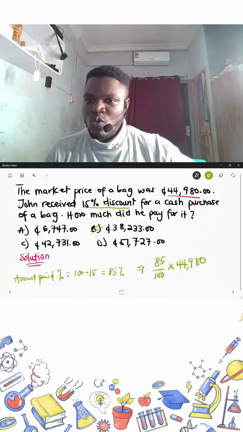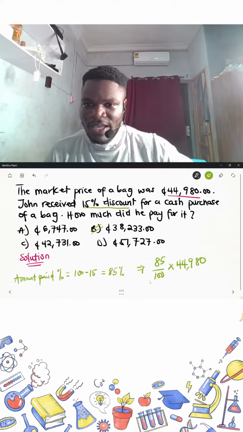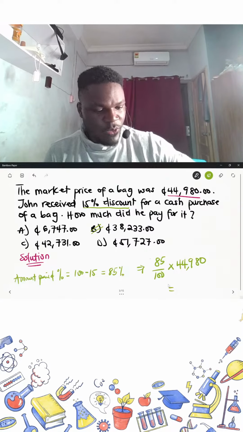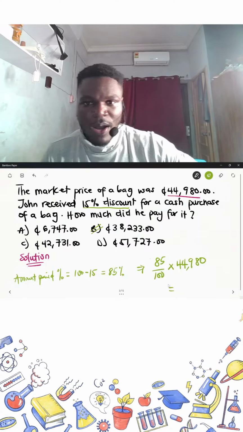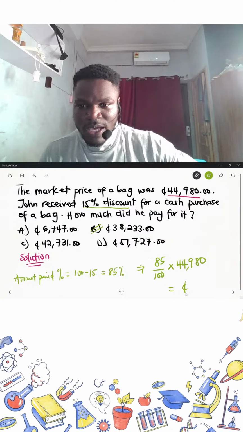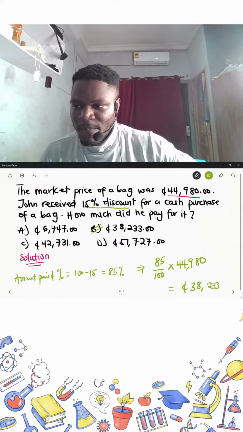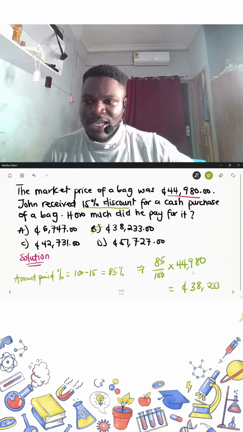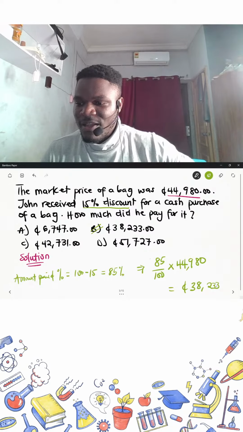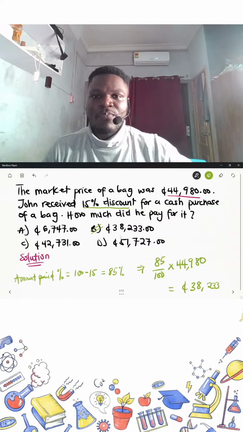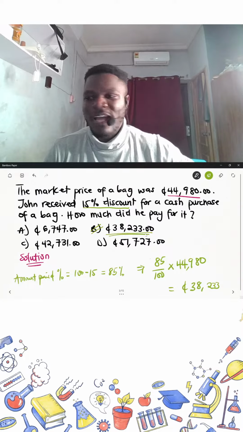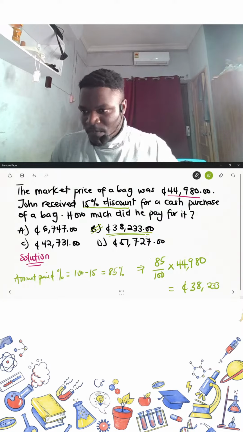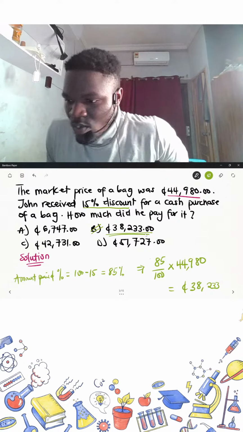If we compute everything into our calculator, we are going to get 38,233. Are you okay? And so this 38,233 becomes the price that he bought the bag for, and that is our answer. Are we okay? So this was where we were.